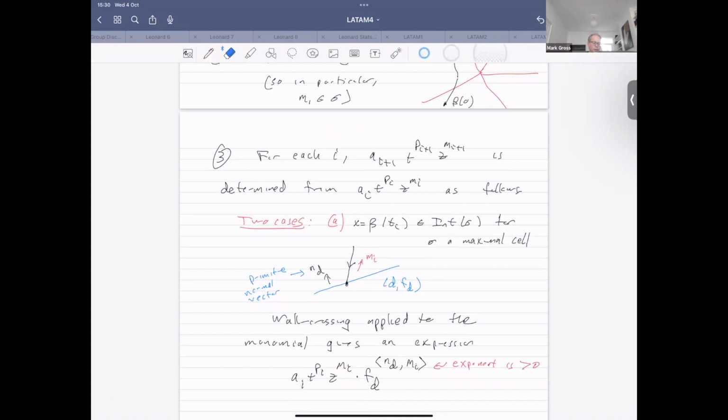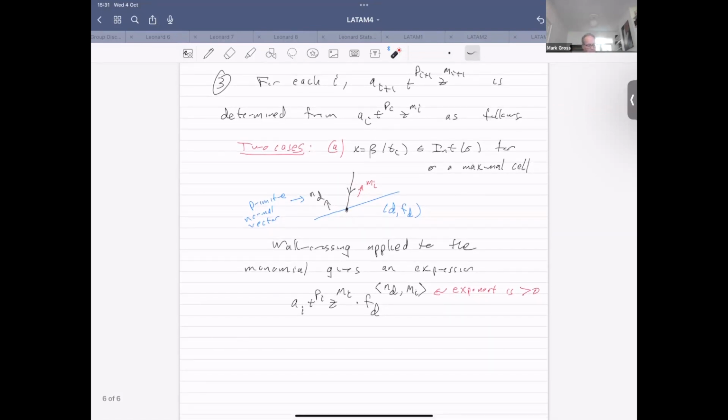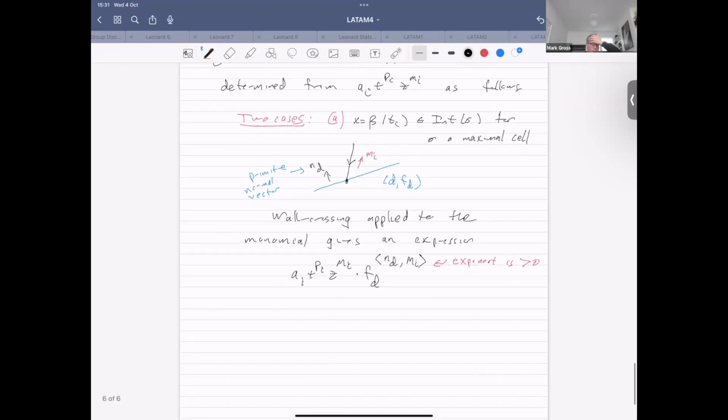And so in particular, n_D is positive on m_i, because n_D is positive on this half space of the tangent space. So this particular algorithm always results in positive powers of f_D, which is actually one of the crucial reasons that we were led to this formulation.